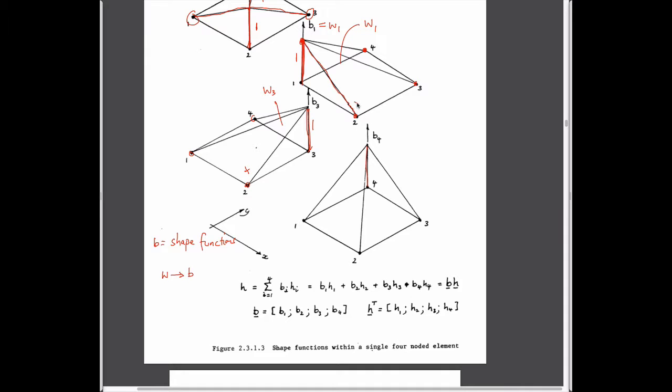And the same point would be the same in all of these, right? These are just depictions of the same element. So if we want to calculate the value of h at this location, one way to do it would be to use these mapping functions, so that you take the value of the head at node 1 and multiply by the value of b1, not at node 1, but whatever the value of b1 is at this particular point.